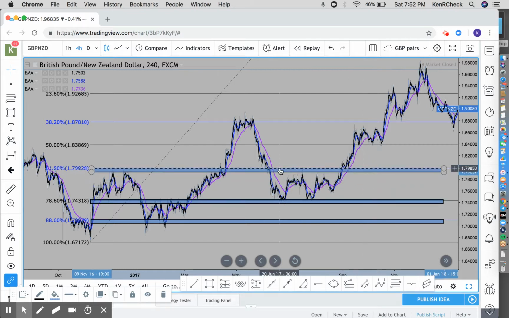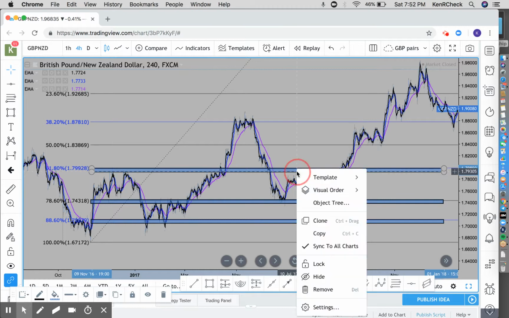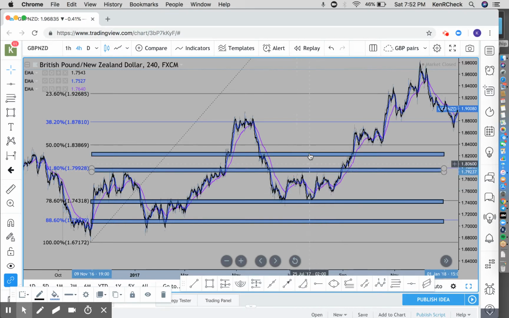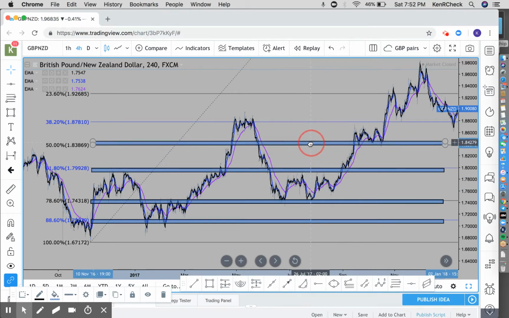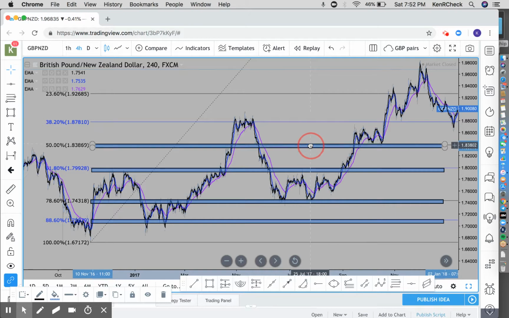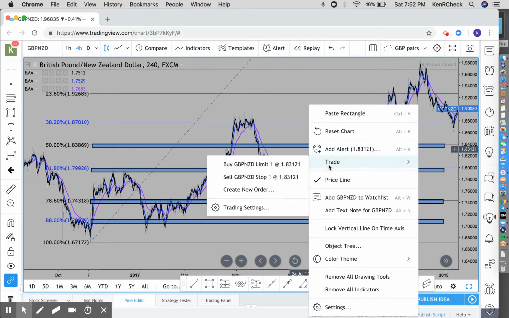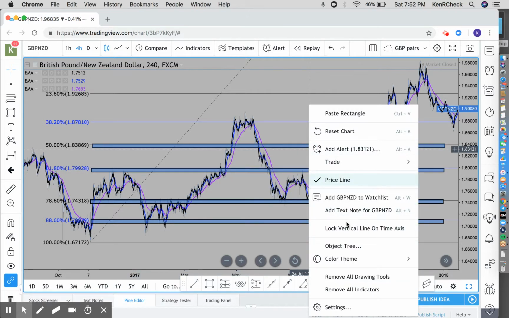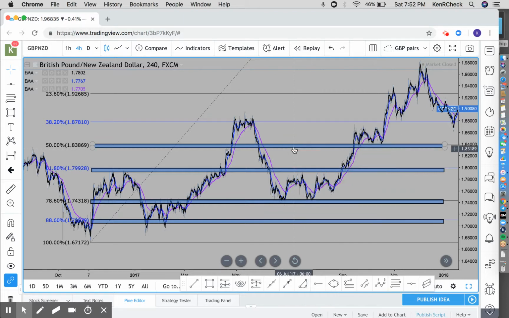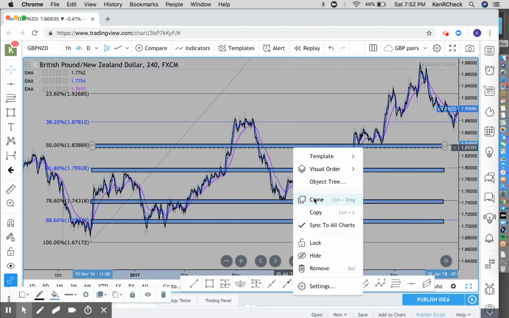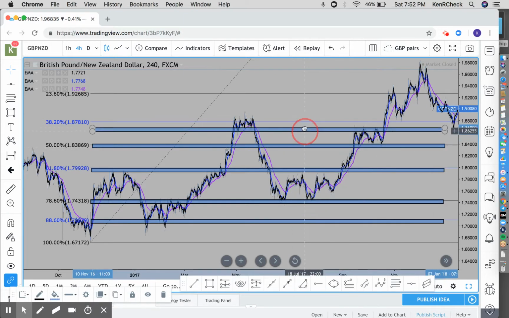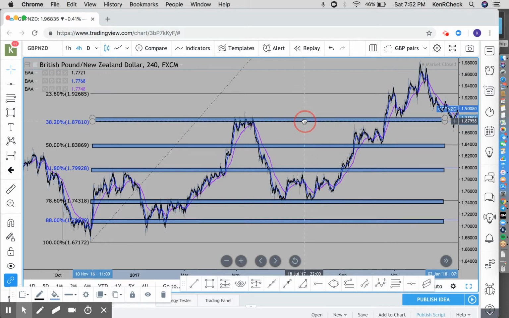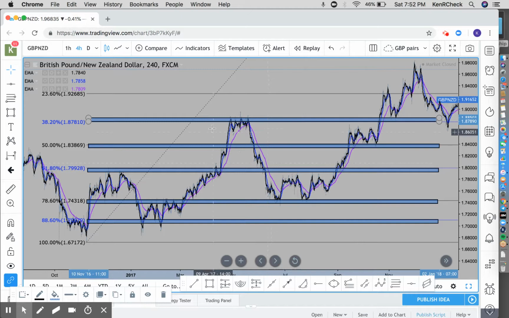So 61. 50. And 38. So you could see that, and then one more.